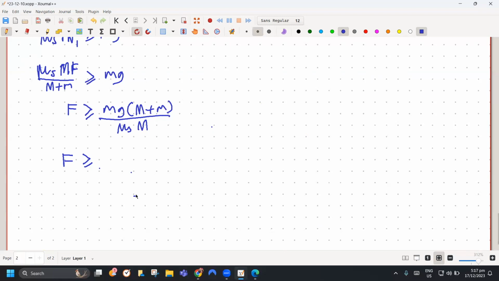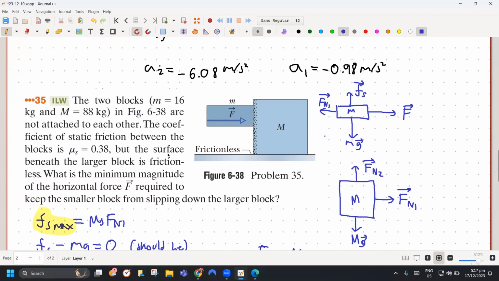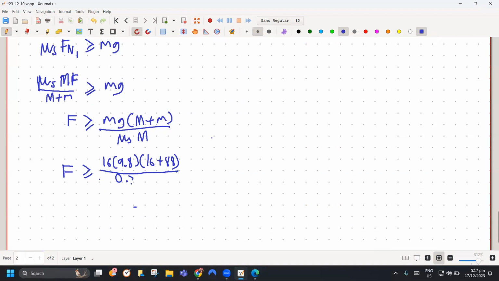So, over. Pakita mo yung substitution. So, 16, 9.8, 16 plus 88. I-parenthesis mo yung 88 kasi mukha siyang decimal point eh. Tapos ilang sig fig.